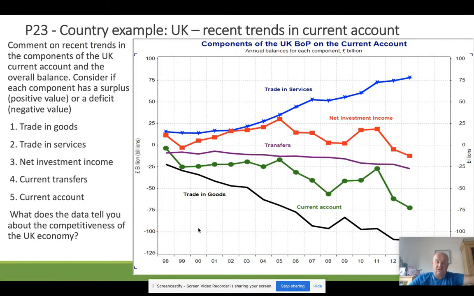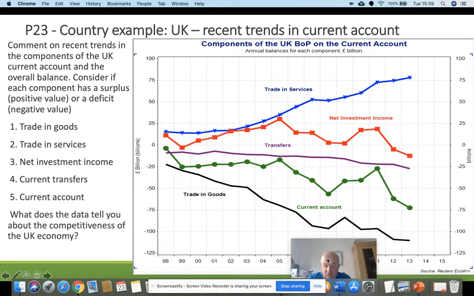Okay. Next question to take a look at then. If you flick over onto the next page of your booklet, you'll see that you've got a chart which shows the components of the UK balance of payments on the current account. Okay, and no great surprise, there are some interesting things being shown here.